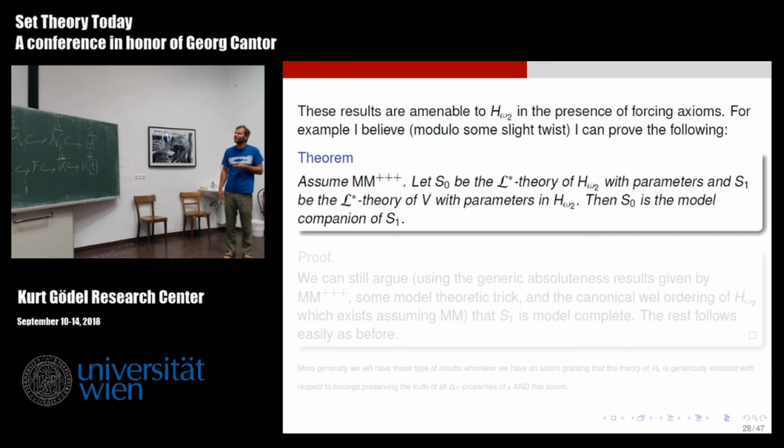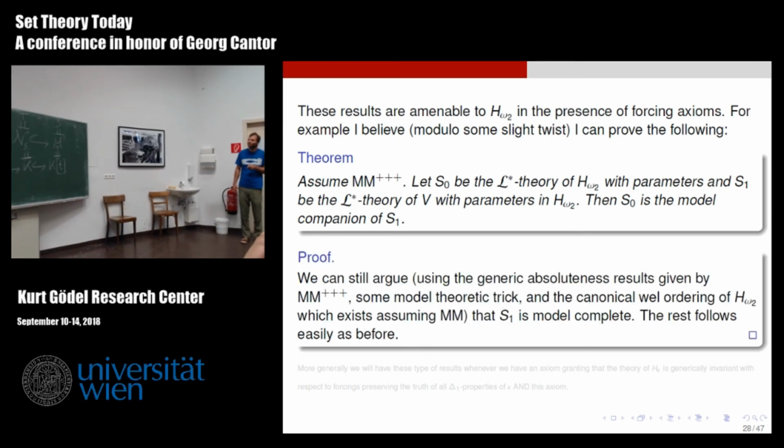We have to assume forcing axioms, and it's better to say conjecture rather than theorem, because I never set up and wrote down the full details. But I'm sure that if this theorem is false, I will just twist it a little, add some predicates which I like, and then the theorem becomes true. So for the moment, I state it like that.